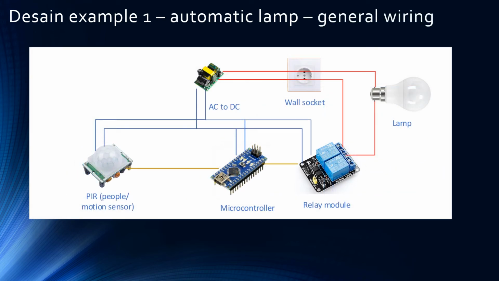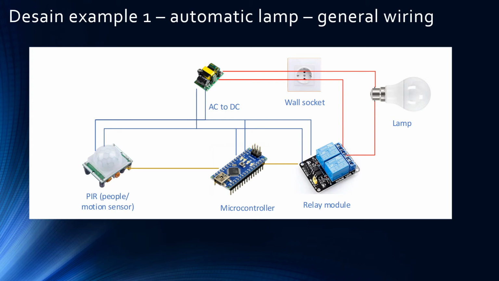If we want to go into more detail, then the picture becomes like this. Okay, you can see now that the lamp is connected to the relay module, and then it's connected to the wall socket that provides 220 volt AC.